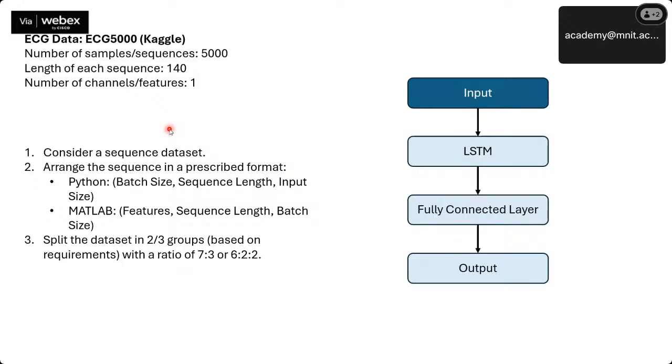Okay, so we're dividing this into four families. The first step is considering the input, right? So you take the dataset and you make it into a format we call the deep learning format, DL format.